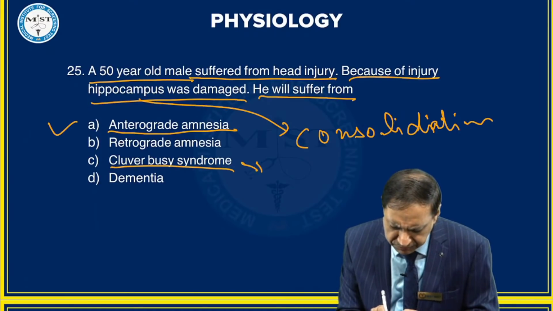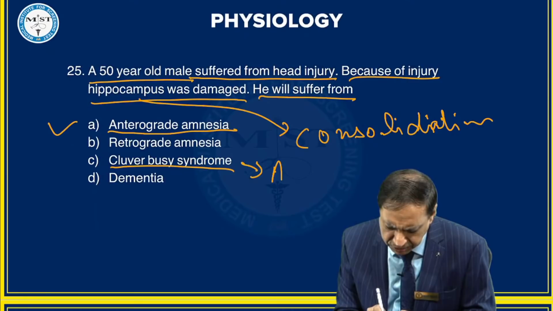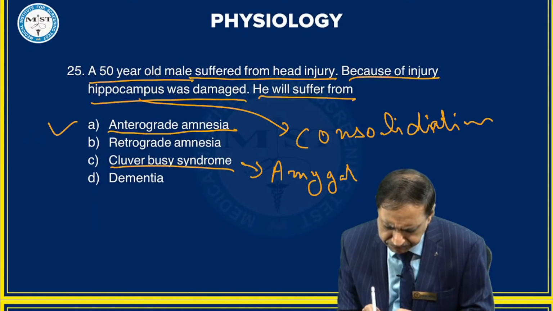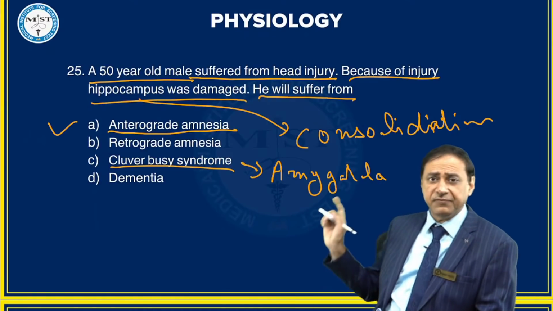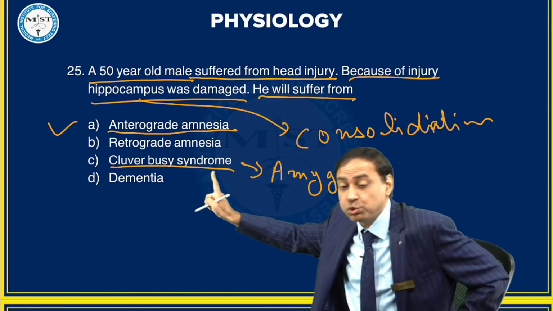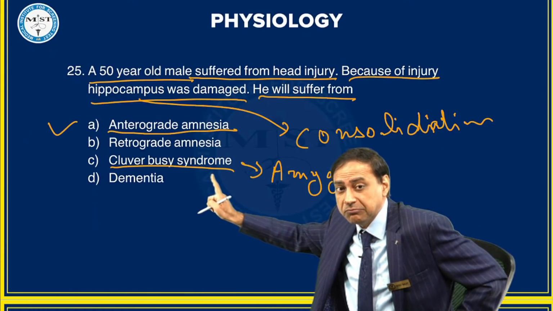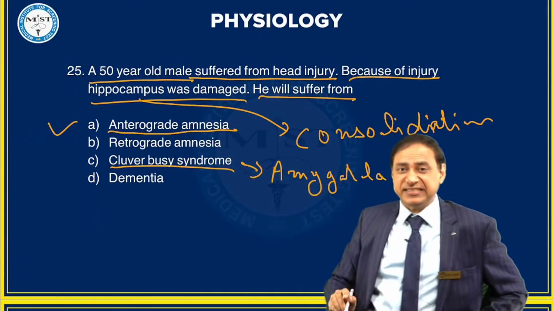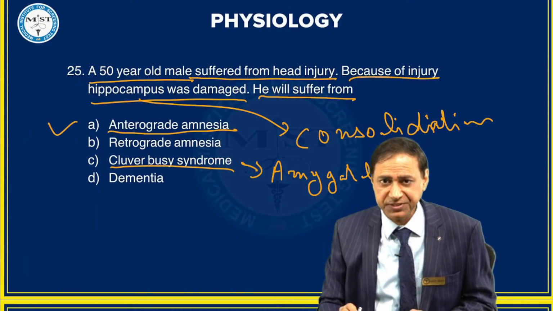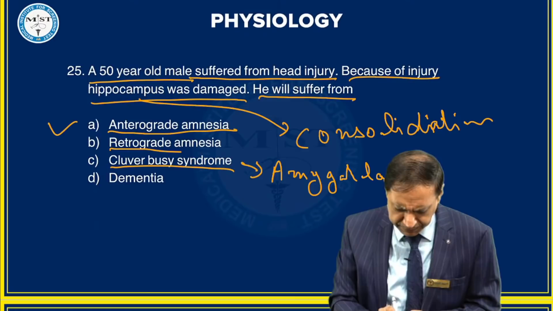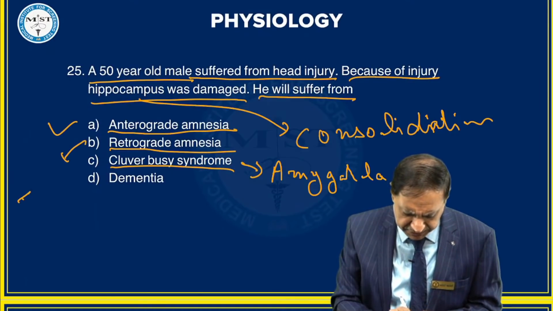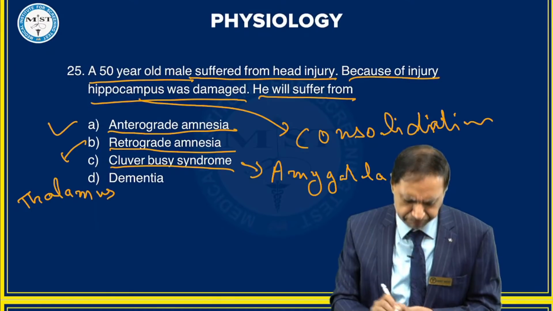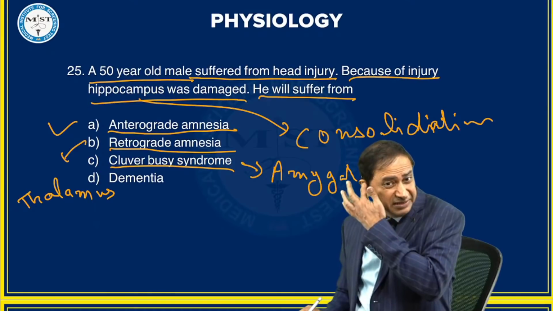Klüver-Bucy syndrome, again try to mug it up. It is because of the amygdala. If the amygdala is destroyed, you will develop Klüver-Bucy syndrome. If the hippocampus is destroyed, anterograde amnesia. Retrograde may be because of the thalamus.